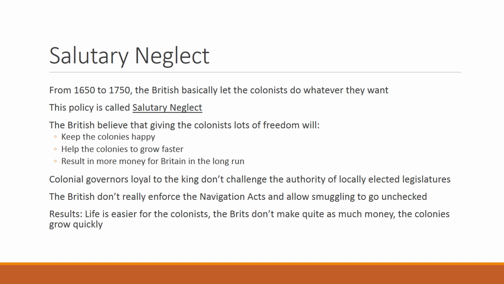And as a result of salutary neglect, life is pretty easy for the colonists, or at least easier, and the British don't make quite as much money in the short term, but the colonies are able to grow quickly. And most historians agree that this policy of salutary neglect was a good idea. Basically, it helped the colonies to grow, and it kept them happy, and this was much more important than squeezing out a little bit of extra money in the short term.